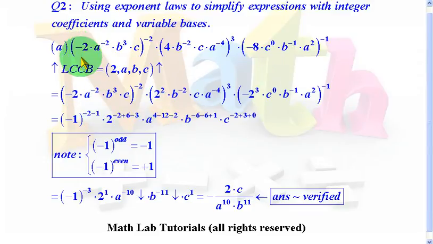Of course, negative 2 is just negative 2. And 4 becomes 2 squared. Negative 8 becomes minus 2 to the power 3. So no problem there. Everything else was a drop down. I didn't touch anything else. Now you're in a position to use exponent laws.